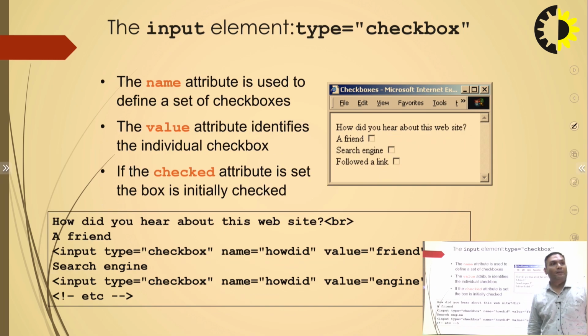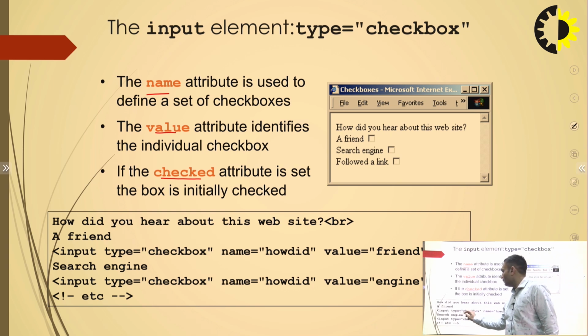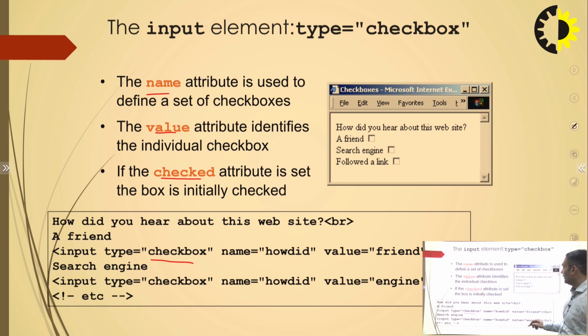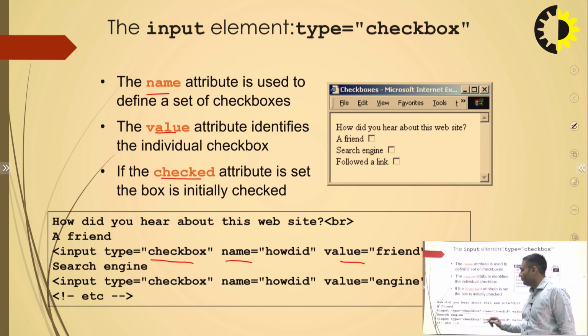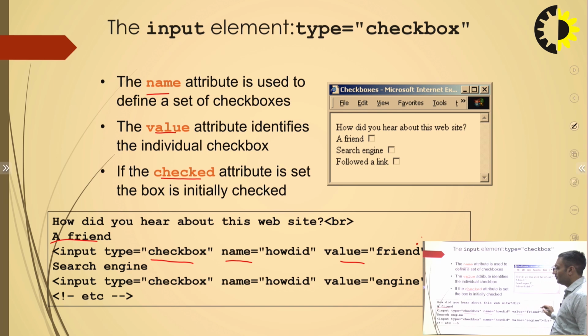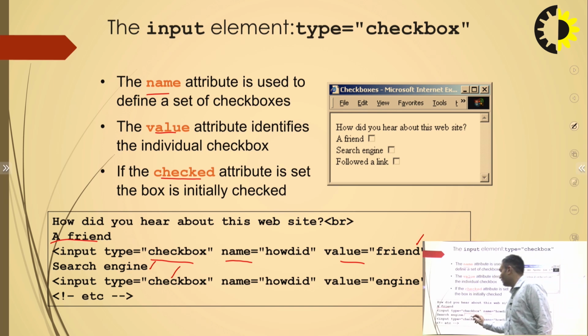Now another type of element is checkbox, and checkbox contains name, value and checked attributes. So if I write input type equals to checkbox, with name and value as the two other attributes, then a friend, then checkbox, search engine, then checkbox.